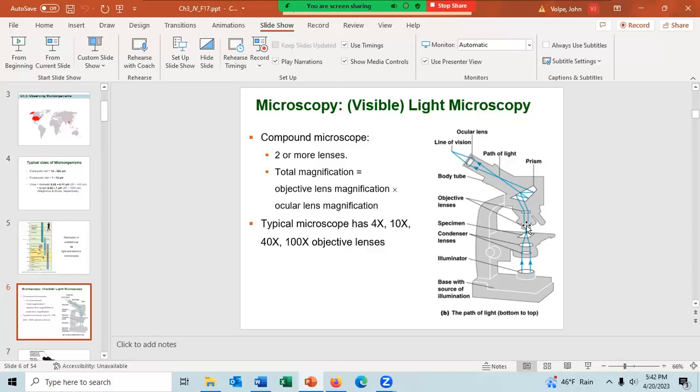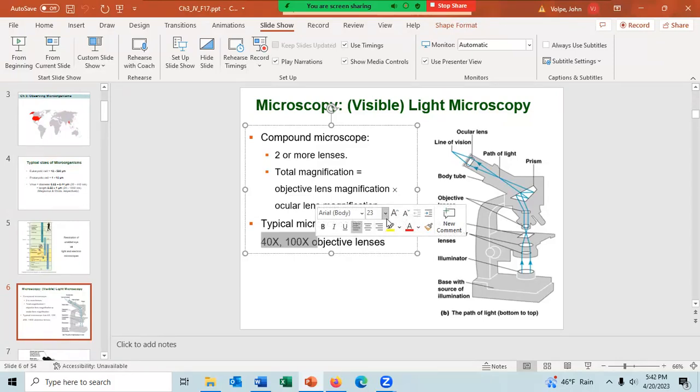A 4x lens magnifies 4 times. A 10x lens magnifies 10 times. A 40x lens, and then the 100x lens. I normally call the objective lenses by their magnification, but we do have different names for them. The 4x lens is called the scanning objective lens.